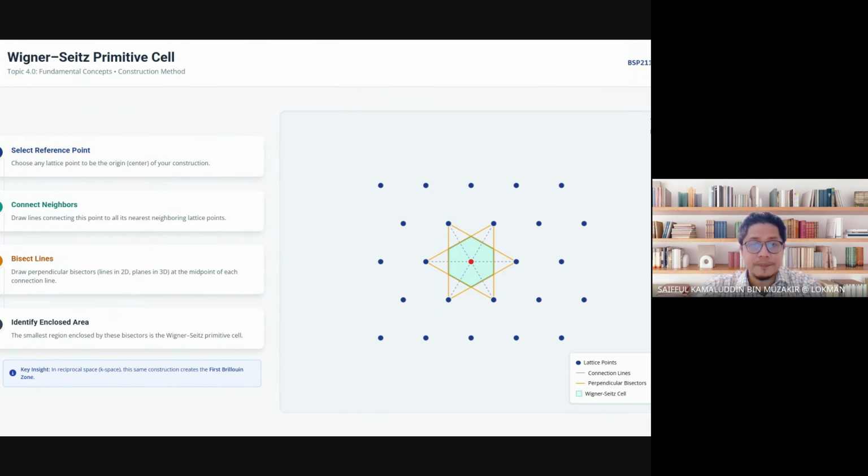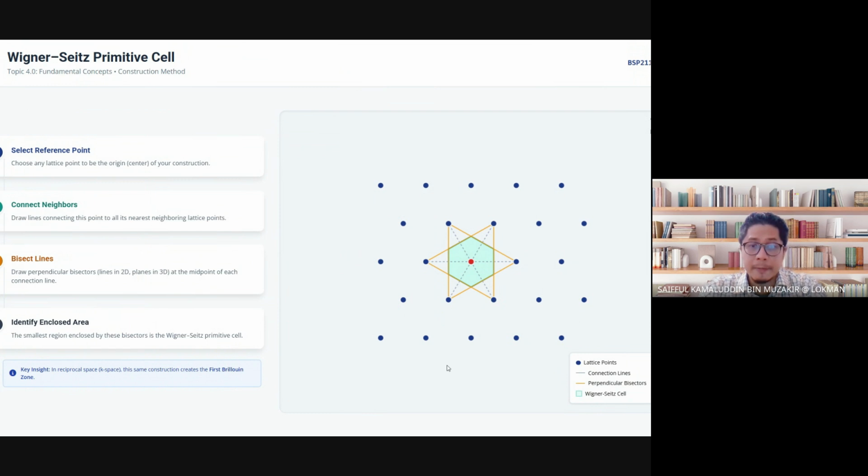So what's next? Identify enclosed area. Now, from your drawing, identify the smallest region enclosed by these bisectors. See the crossing of the bisectors?